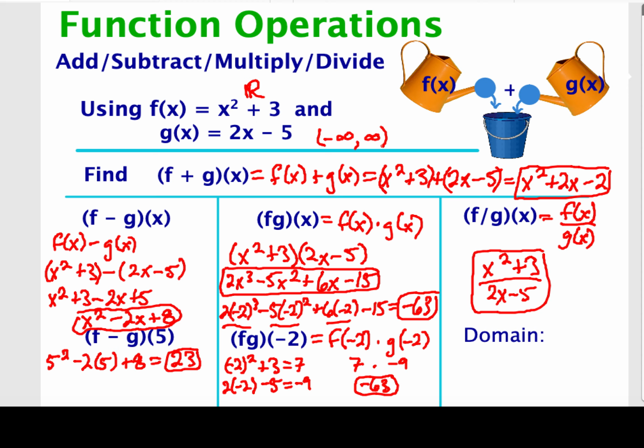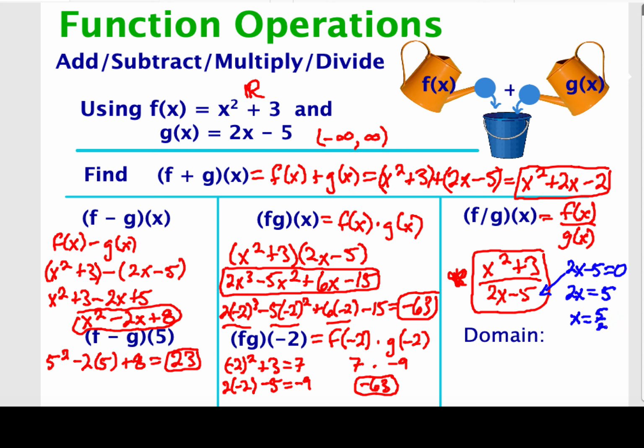However, because of the division over here, now that 2x minus 5 is in the denominator, I need to make sure that that doesn't come out equal to 0. So I would want to set 2x minus 5 equal to 0. Again, 2x equals positive 5, x equals 5 halves.